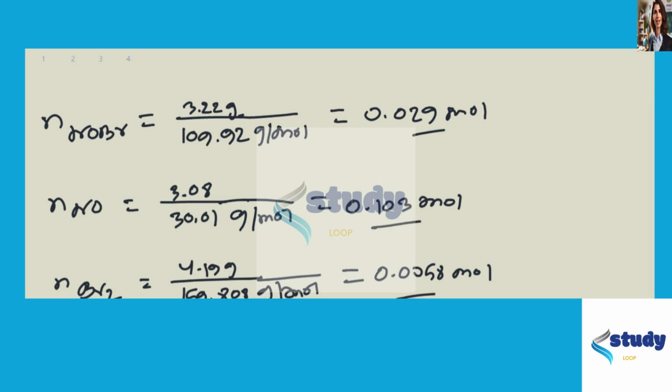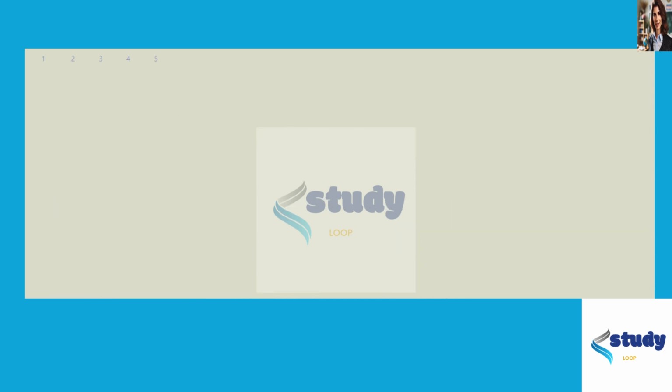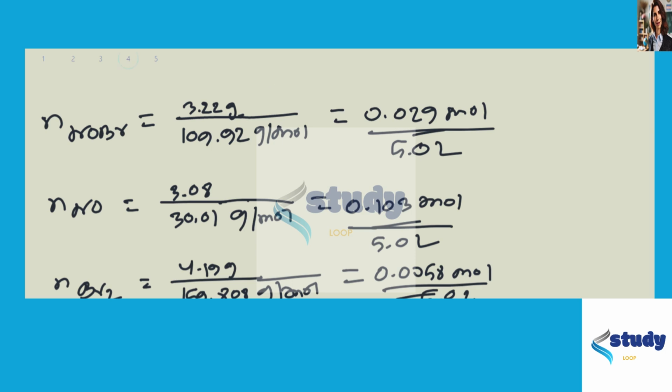Now we will divide each number of moles by the volume, which is 5 liter, to get the concentration of each of these. So if we just divide each number of moles by the volume, we'll get the concentration for each of them, and in this way the concentration of NOBr will be 0.0058 mole per liter or molar.